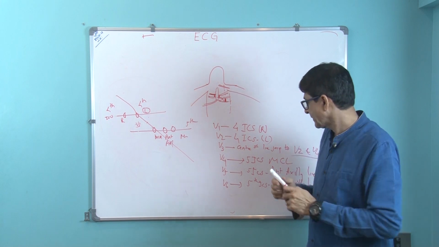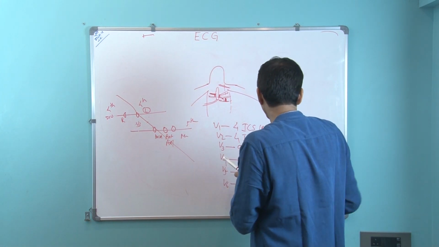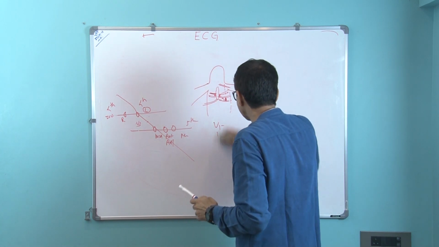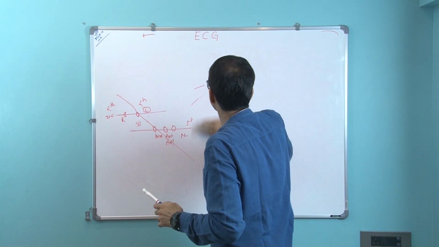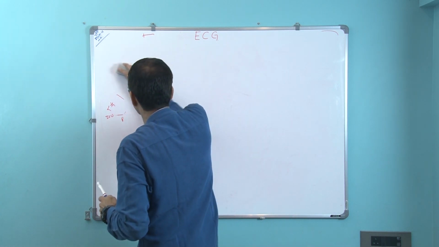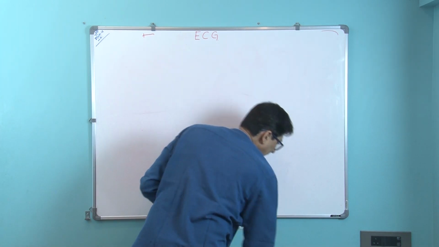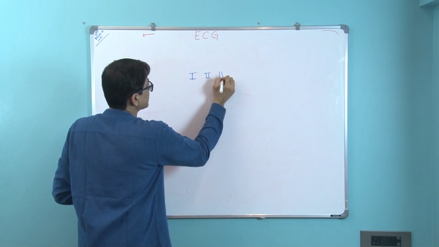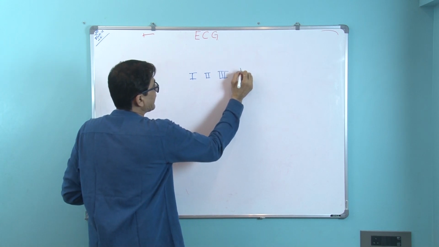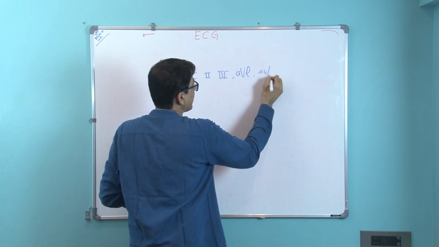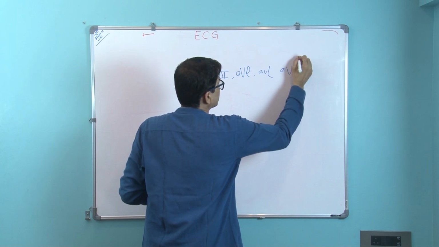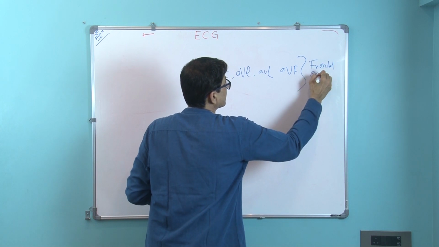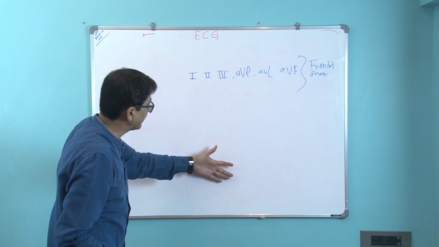Now we will summarize all these things, but before that I want to tell you that out of these 12 leads, first, second, third are bipolar and 9 are unipolar. First, second, third, AVR, AVL and AVF are called frontal leads, because they are in the frontal plane.